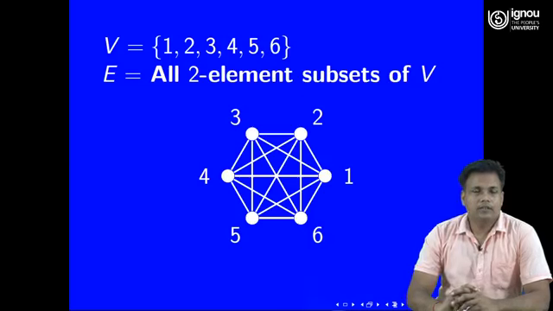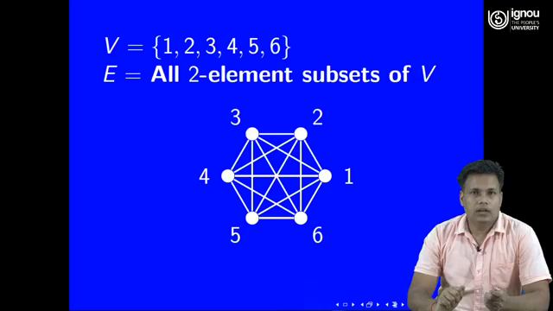Here every vertex is adjacent to every other vertex. That means for every pair you can see there is an edge joining those vertices.